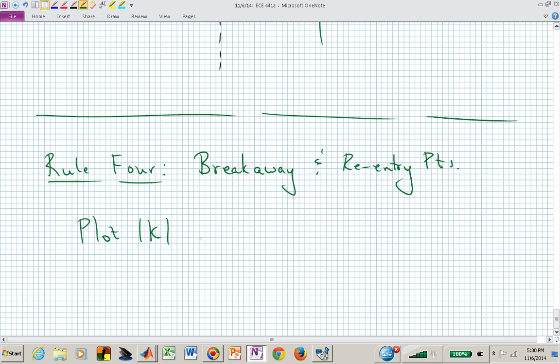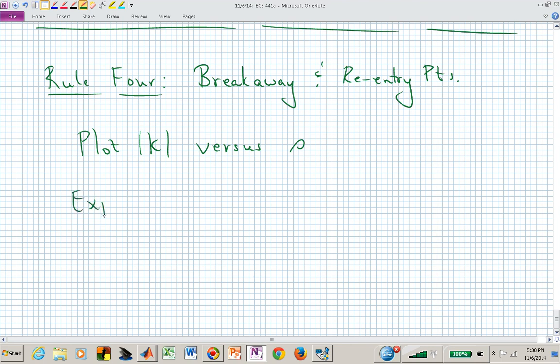And again, let's now plot K versus S, and I hope it's clear that we still expect a breakaway between S equals 0 and S equal plus 2.